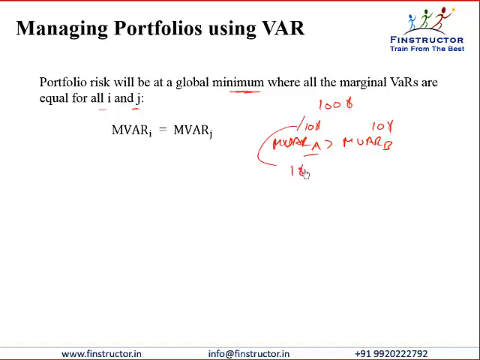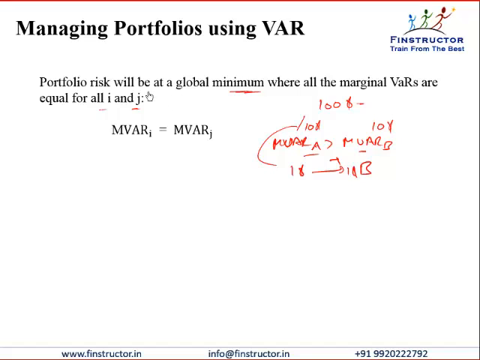Can I take $1 out of A and put the $1 in B? I will be reducing more VAR and increasing less VAR, because the marginal VAR of A is higher, so I'll be reducing more and increasing less. In all, with a $100 portfolio, my risk will go down.